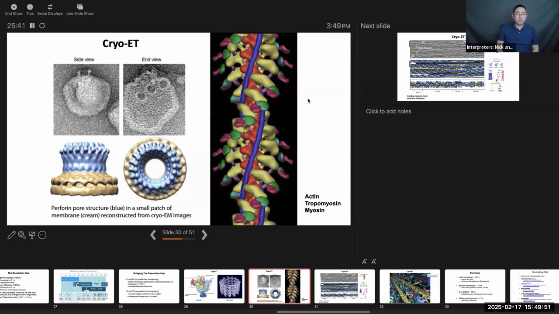On the right are the contractile proteins in muscle, in the sarcomere of the muscle. The red in the middle is actin, which is what we call the thin filament in the contractile unit of muscle cells. The blue ribbon that spirals around the actin is called tropomyosin. It's another protein.